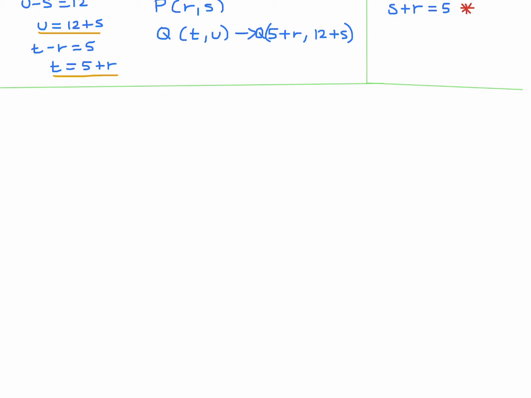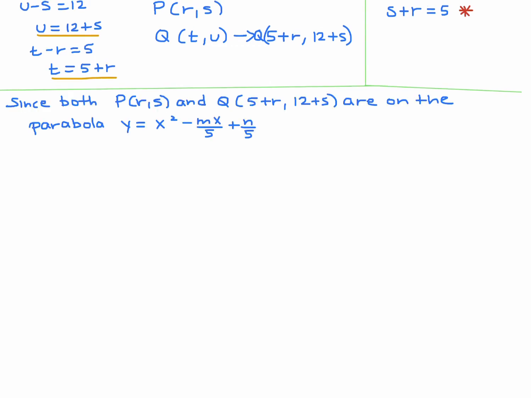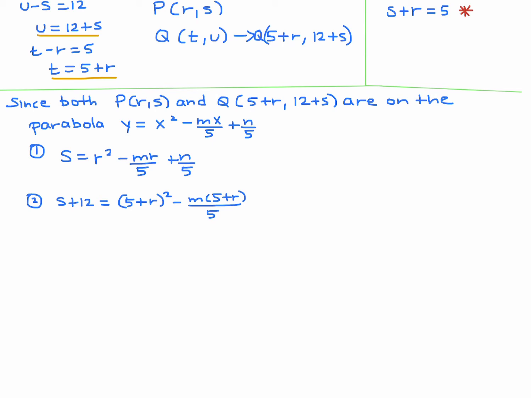Now both points P and Q are on the parabola, so we can substitute them into the parabola's equation. Substituting the first point, we get S = R² − mR/5 + n/5. Substituting the second point, we get S + 12 = (5 + R)² − m(5 + R)/5 + n/5.